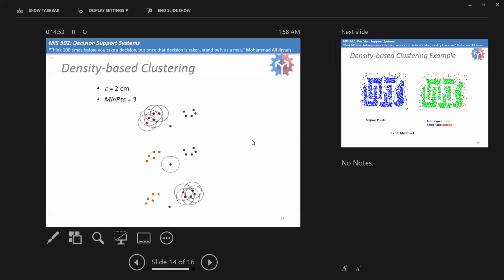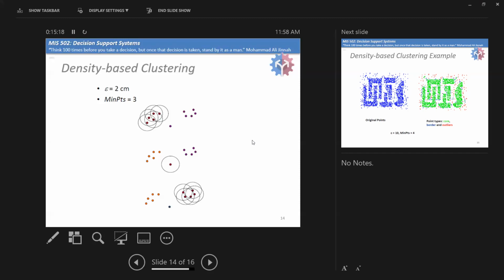Now I'm going to start doing this for all the points. Let me draw a circle around this point. Oh, sorry, my bad, wrong circle. So how many points are there around this particular point? 3. So still a core point.